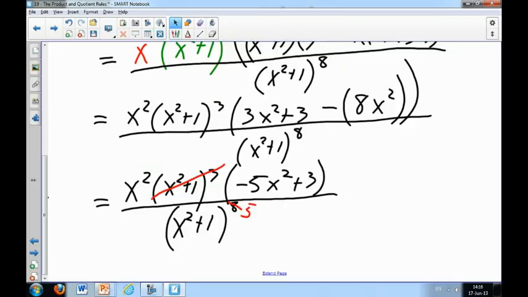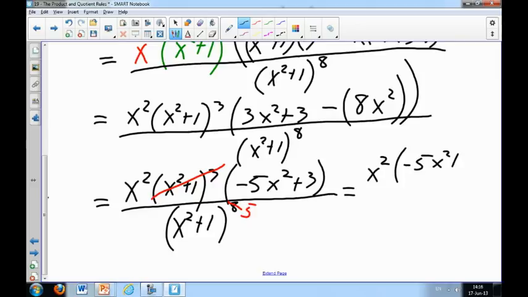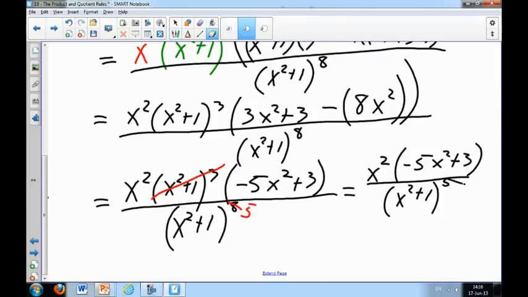So when we work with this, this is going to be x squared times (minus 5x squared plus 3) all over (x squared plus 1) to the 5th power. And that's going to be our final answer.